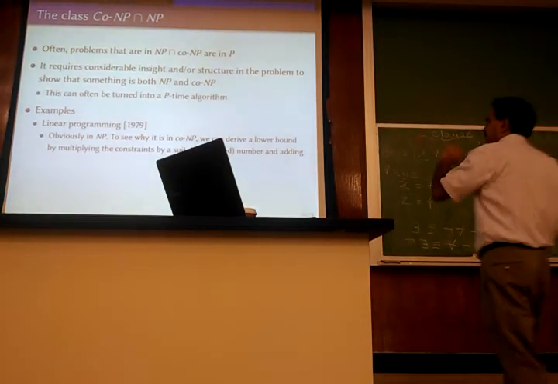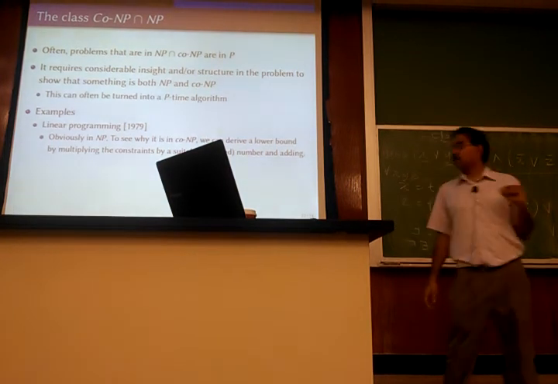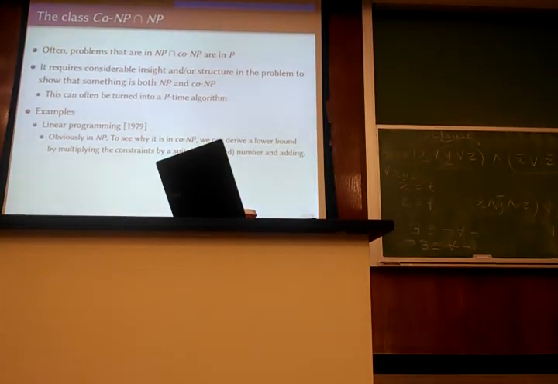To see why it's co-NP, suppose the question being asked is: is there a way to get the objective function to be, let's say, above 100? And the answer comes back, no, there isn't a way to set the objective function above 100. Well, can you verify that also in NP time?